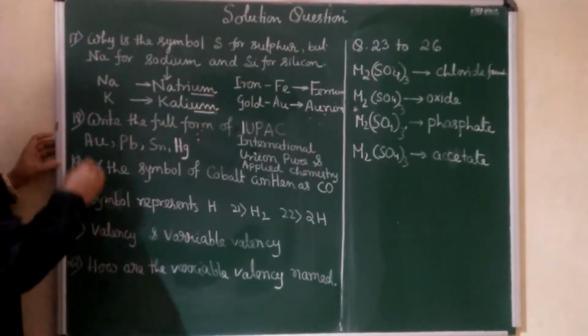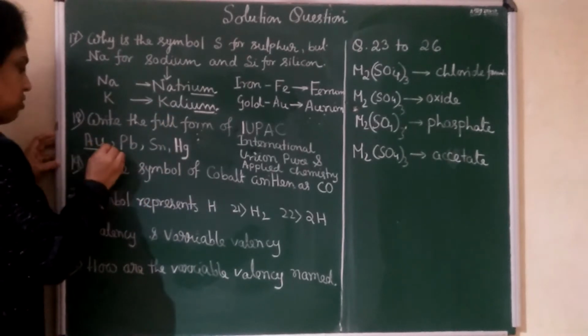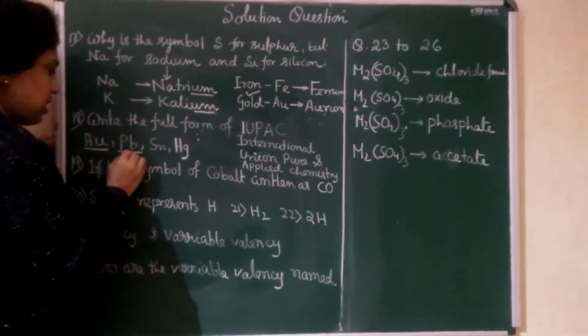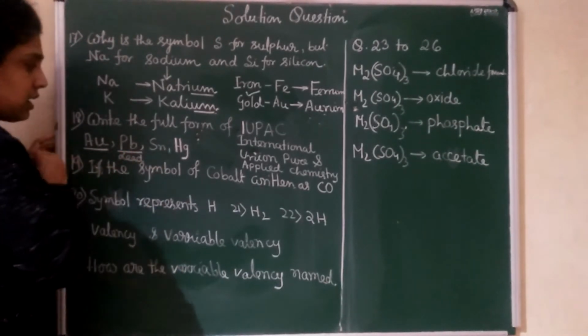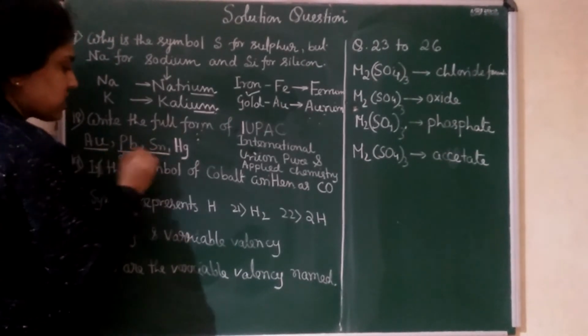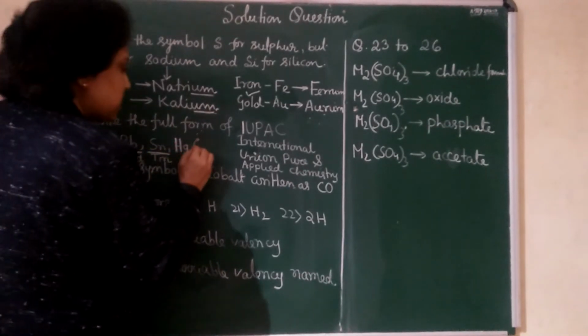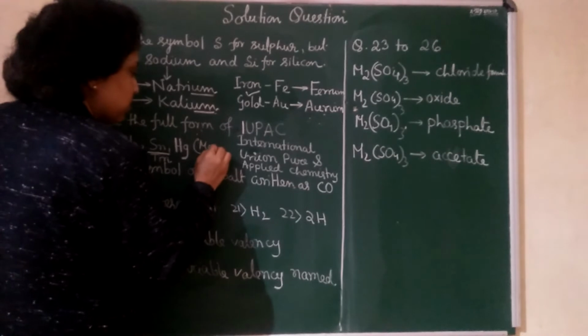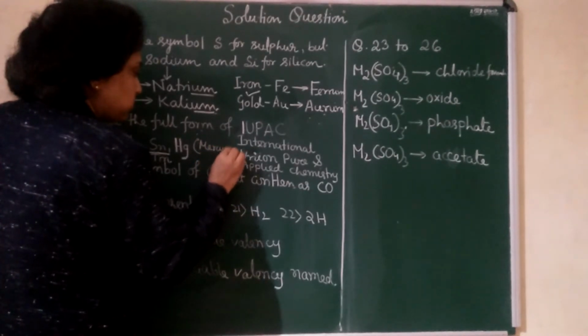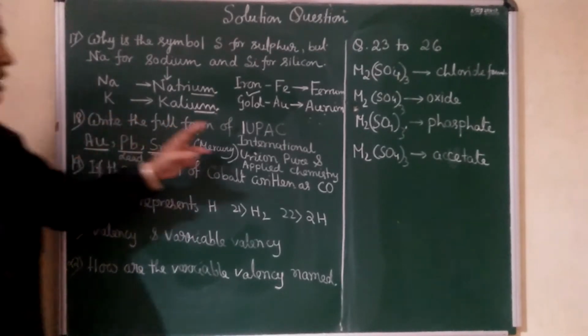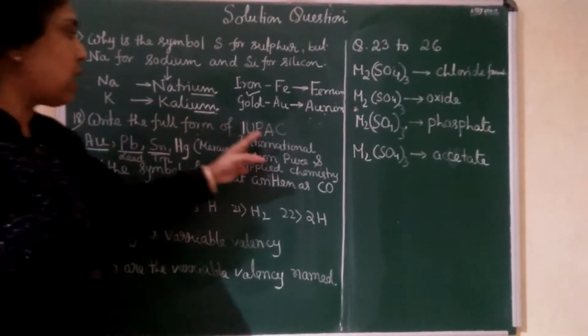Now what is Au? Just now I said Au is gold. Then Pb is lead. What is Sn? Sn is tin, stannum, and Hg is mercury. Symbols and the full form of IUPAC.